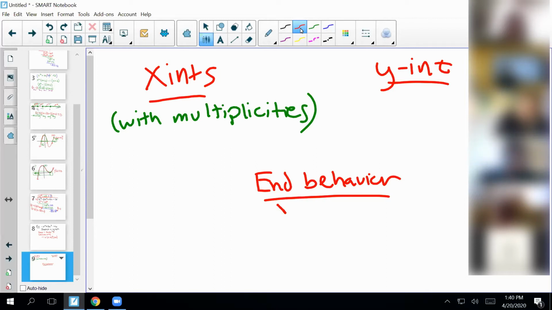So as x goes to infinity or as x goes to negative infinity. And this notation you might not be familiar with. It's actually from calculus, but all it means is x is getting really big or x is getting really negative, big in the other direction, basically. So these are the three things I'm going to use to graph.